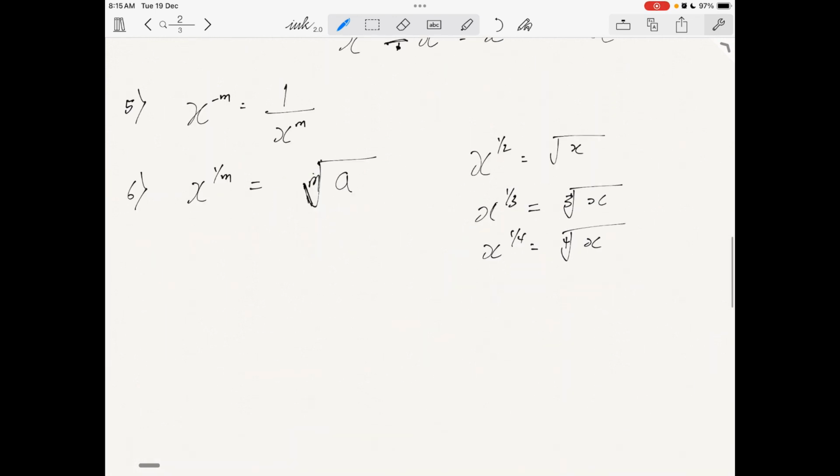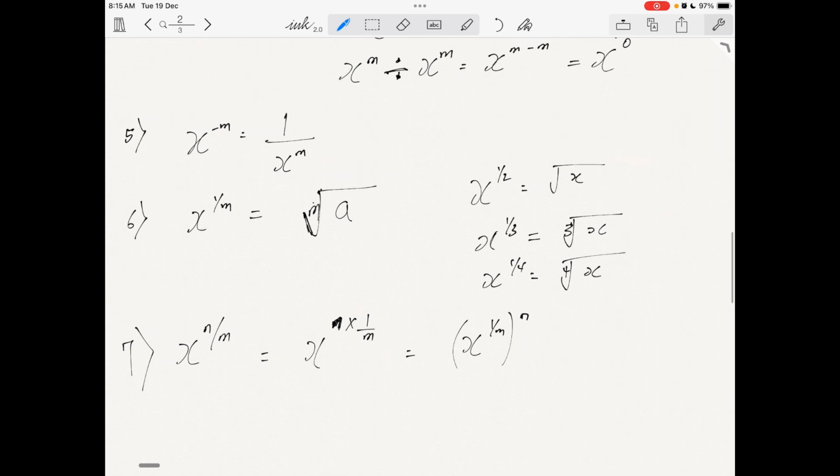And finally, if you have x raised to the power n over m, since we know that x raised to the power n over m is equal to x raised to the power n multiplied by 1 over m, and now if we split this further, it is x raised to the power 1 over m, everything multiplied by n.